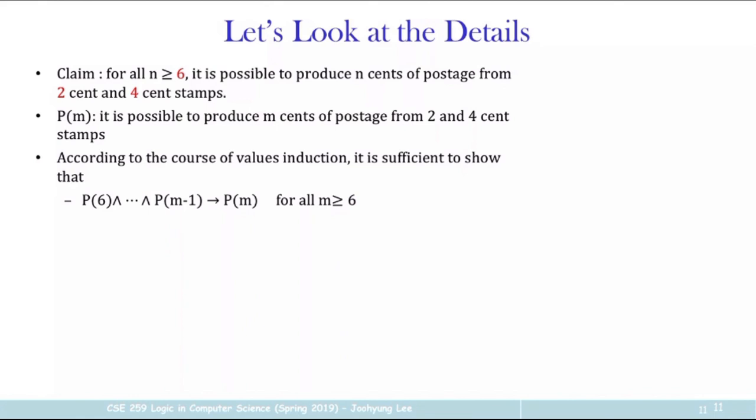So when you try to create n cent postage by course of values induction, you can assume that n minus 1 cent postage can be created, n minus 2 cent postage can be created, up to 6 cent postage can be created. These are the assumptions that you can use.